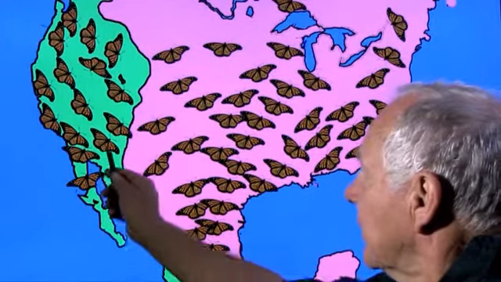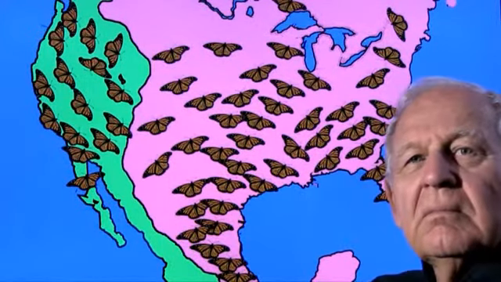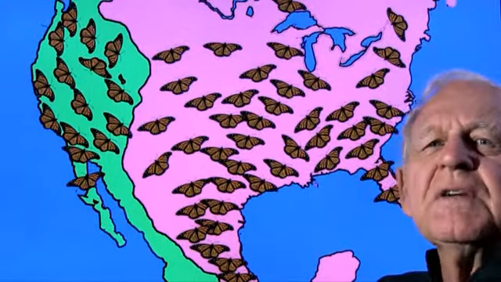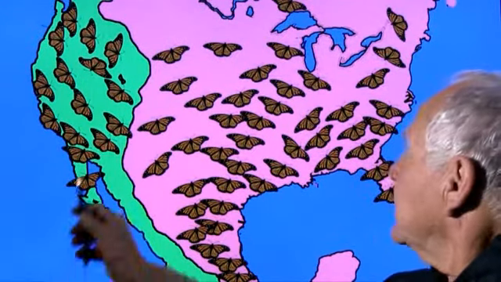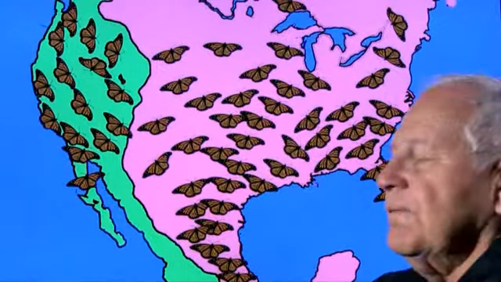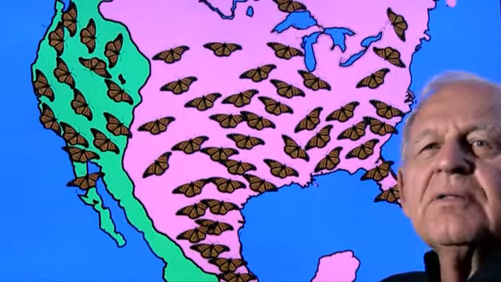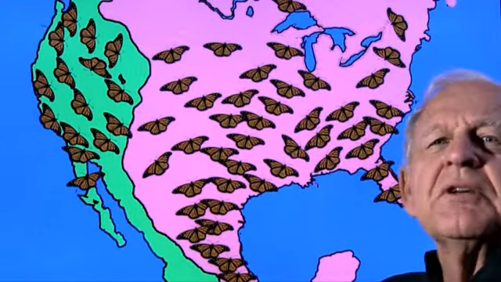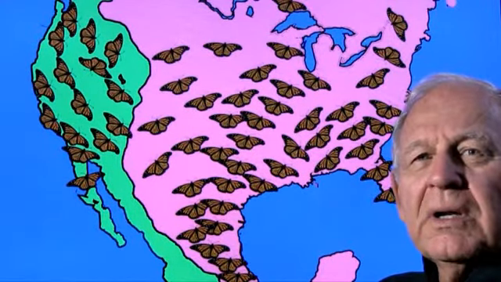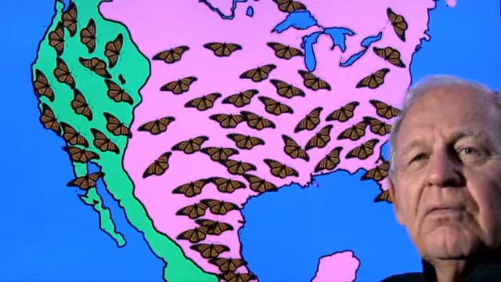The western population will migrate western or southwestern to the Pacific coast. The eastern population begins to funnel its way towards Texas and head south into the mountains of central Mexico, where they will assemble for the winter.